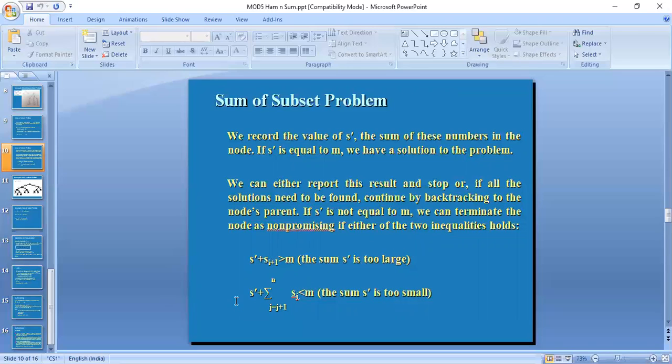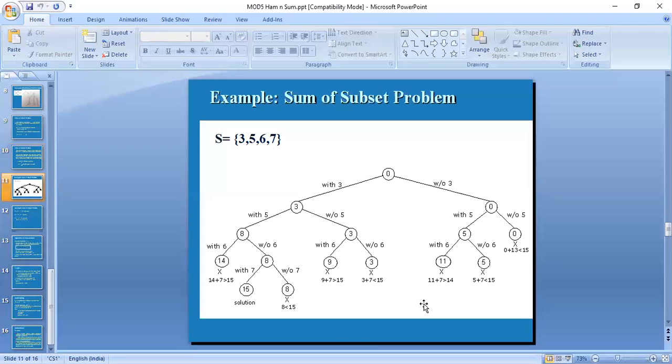So here you can see, suppose your s dash value is after including 2 items. Now, if you include all the remaining values also, and it is less than 15, then we say that the sum is too small and we cannot go ahead with it.